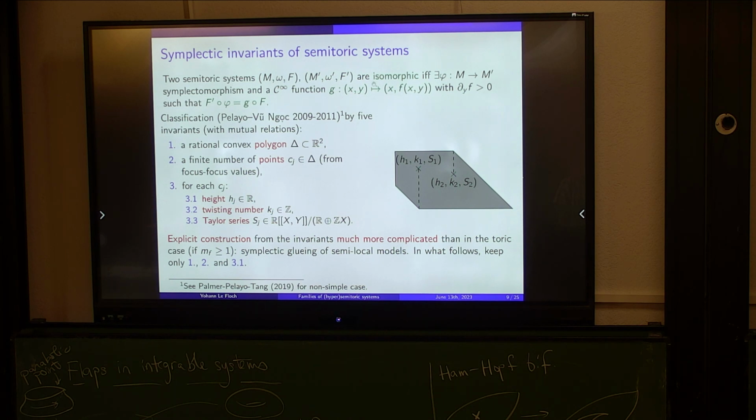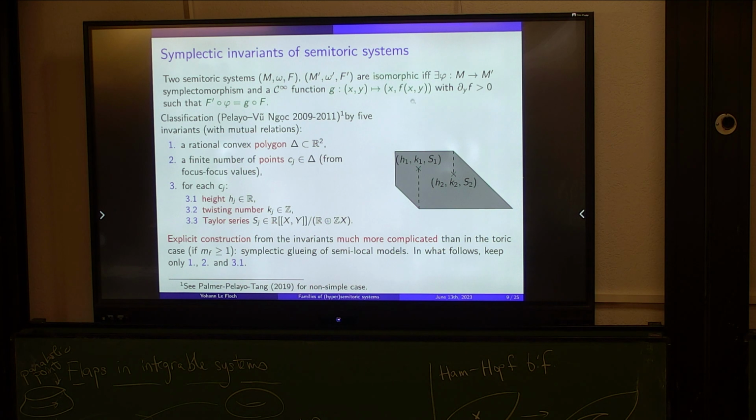First, there's a good notion of isomorphism, which is exactly what you would cook up if I asked you to come up with one. You want a global symplectomorphism sending your momentum map to the original one composed with some diffeomorphism. But remember that the first component of the momentum map is special. It's the one generating the S1 action, so this diffeomorphism has to preserve the first component.